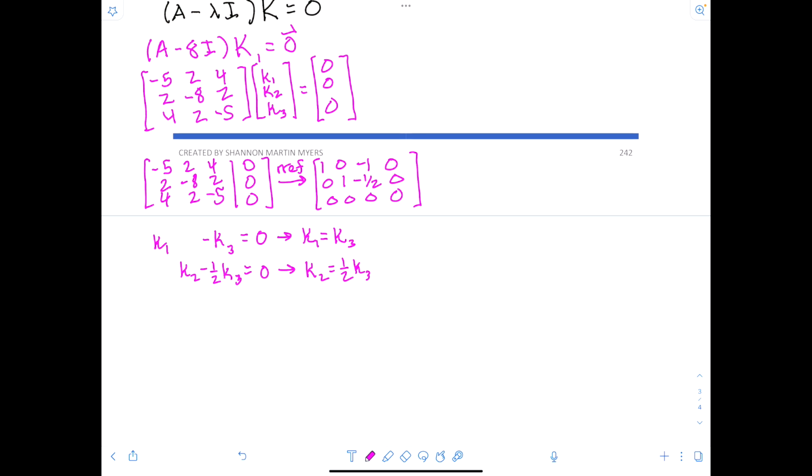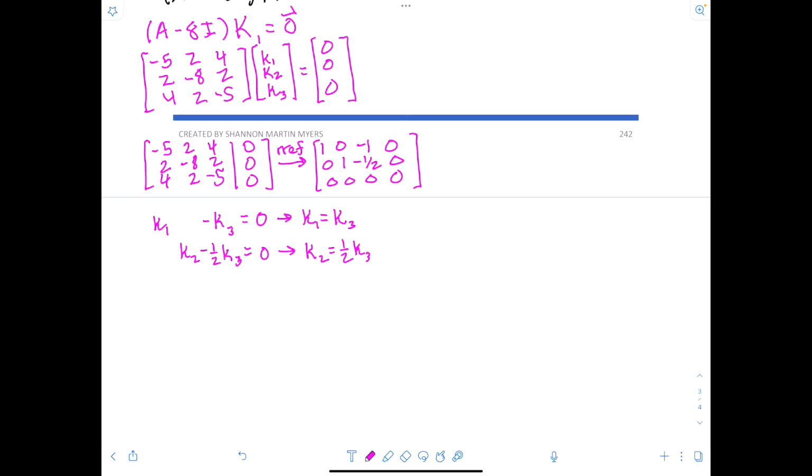So now if we let K3 equal 2, then K1 equals 2 and K2 is 1.